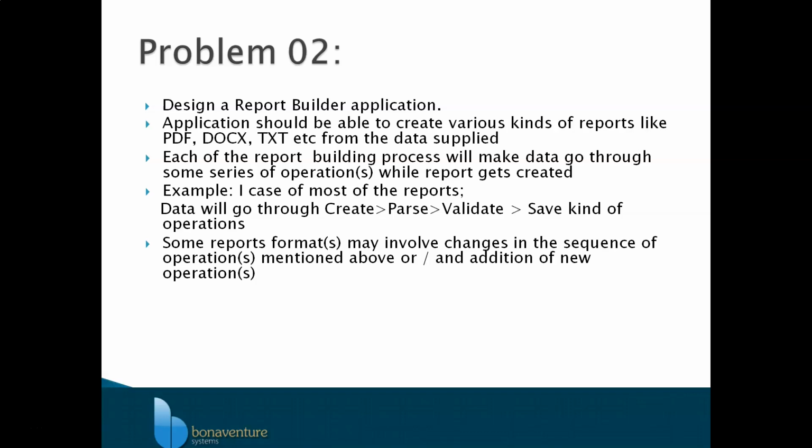So PDF, docx and txt may have the same sequence of operations, but if a new type comes up, let's say XML, it may involve some extra operation like revalidate. It may involve addition or removal of some operation in the middle of the set of operations.